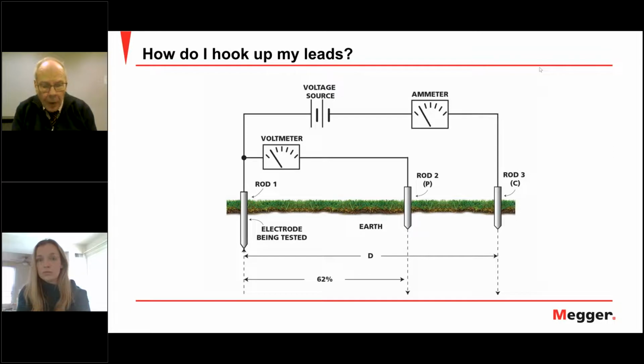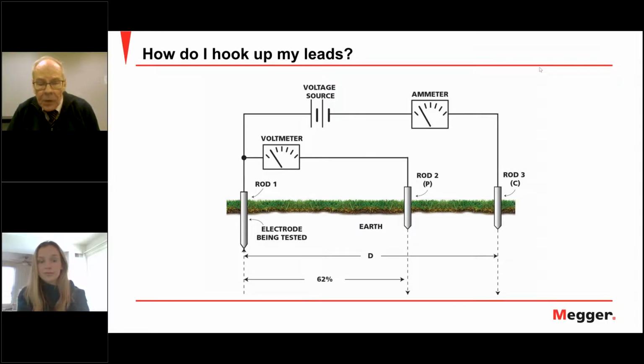And there are a number of them, and they will tell you where your leads and your probes should go. And this is an example of what we're showing you right here, what you will commonly see in the literature, is 62%. With the time limitations of this particular webinar, I can't go into detail on that, although I will certainly be glad to discuss it with anyone.